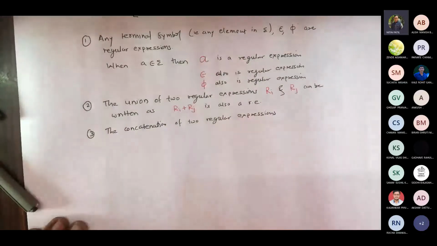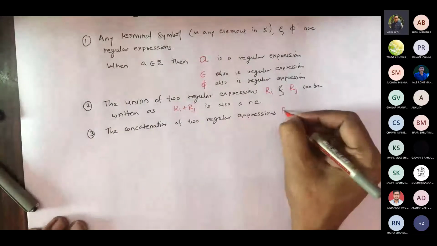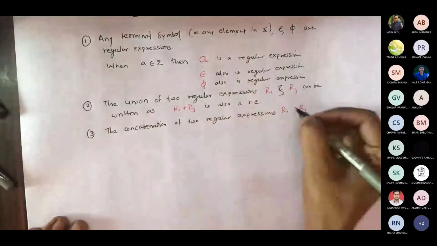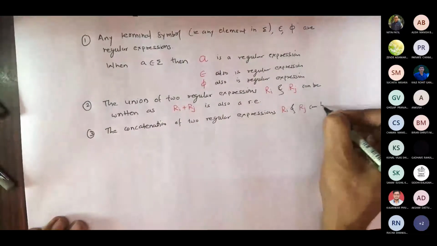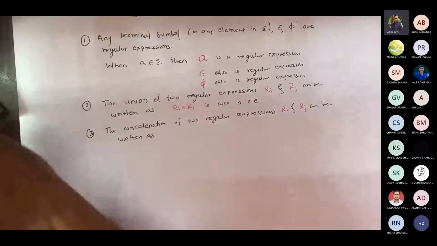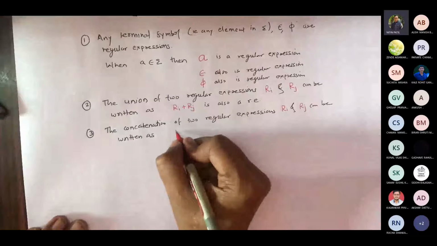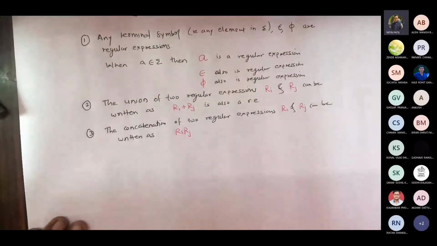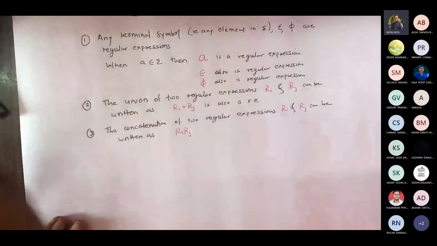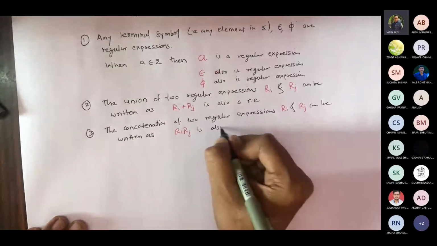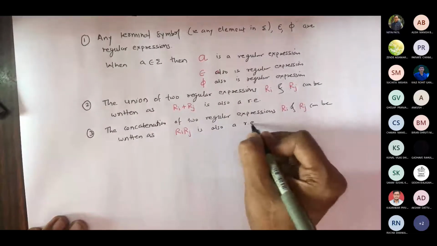Again we will take Ri and Rj. Since it is concatenation, you write Ri Rj, Ri followed by Rj. So this is also a regular expression.